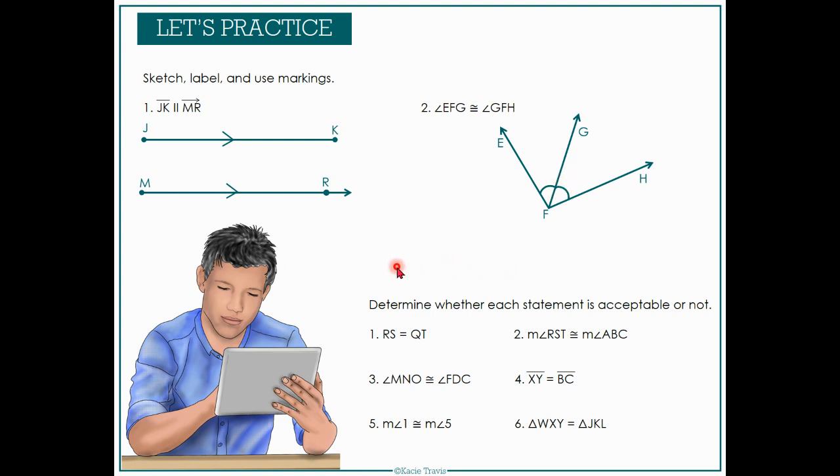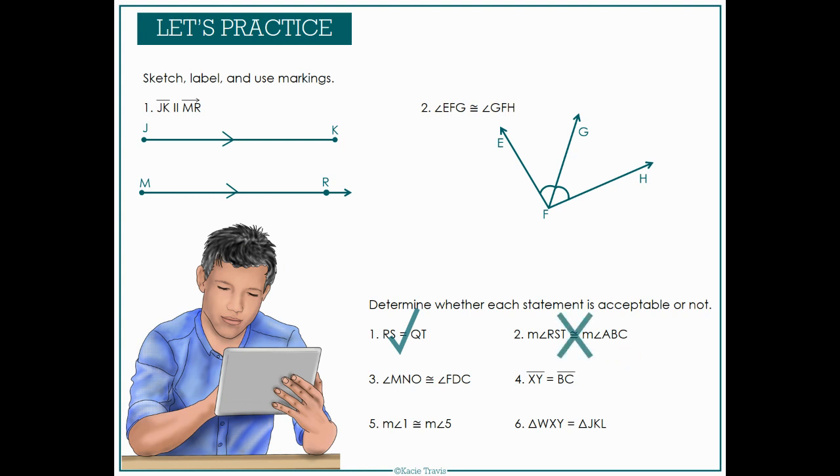All right. Last one we got here is determining whether or not these statements are acceptable or not. So let's look at our first one. It says RS is equal to QT. If we're talking about two lines, this would be acceptable. Okay. Next, it says the measure of angle RST is congruent to the measure of angle ABC.